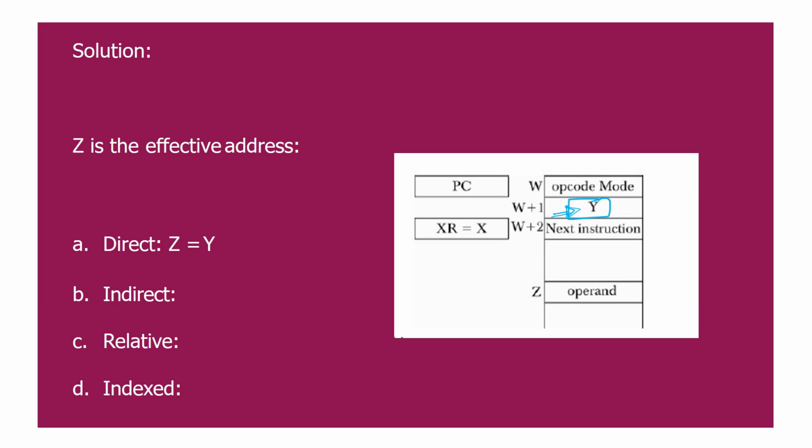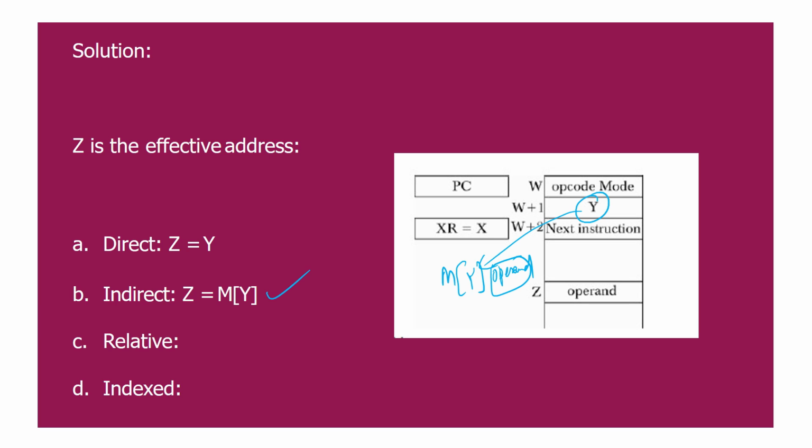For indirect addressing mode, the value will be M of Y, because this will be treated as the effective address. So we have to go somewhere at M of Y and get the value of the operand. So this Z is M of Y for indirect addressing mode.